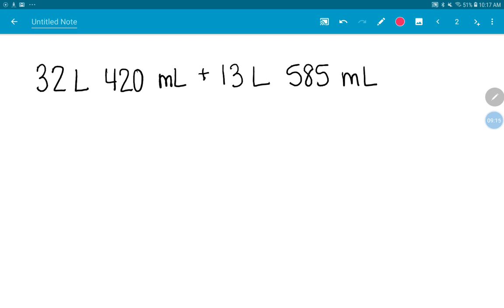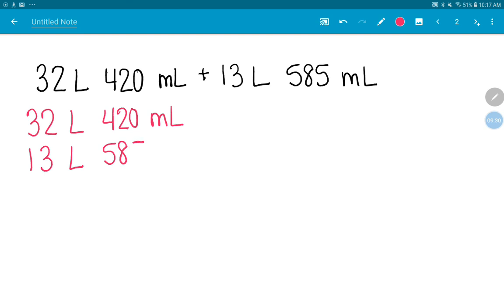I put together 32 liters and 420 milliliters plus 13 liters and 585 milliliters. And I got 46 liters and 5 milliliters. 5 milliliters? Okay.